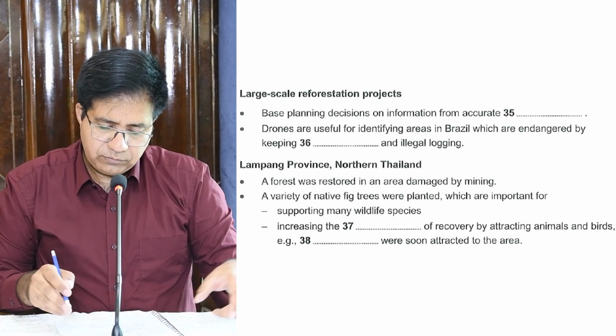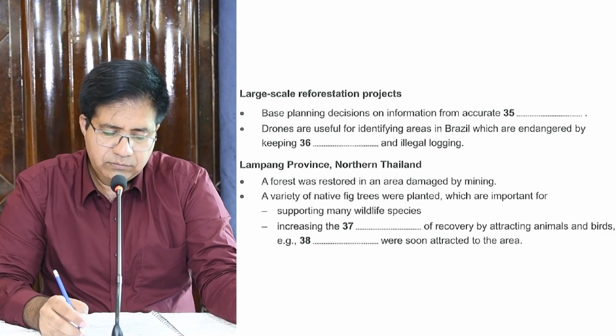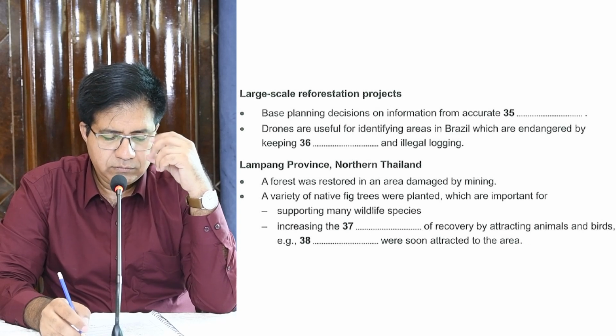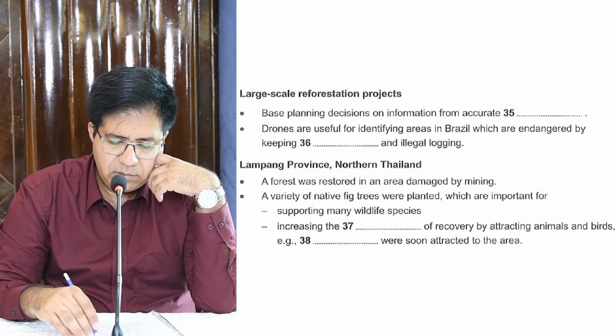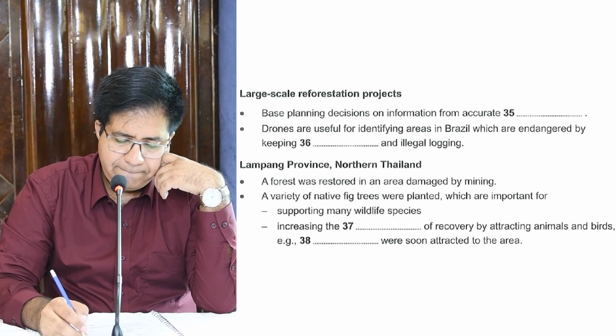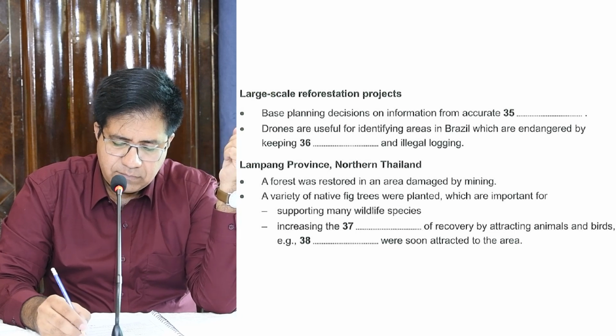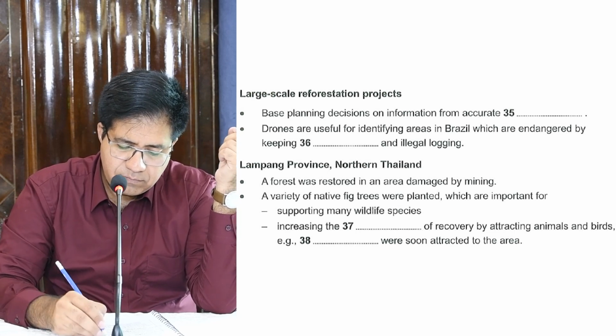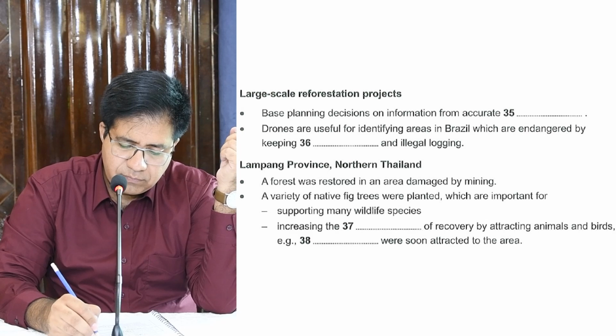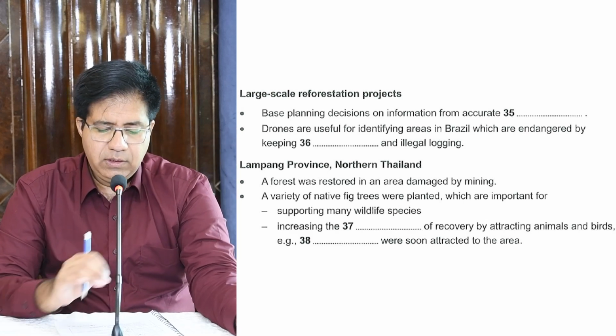Large-scale reforestation projects require careful planning. Making the right decisions about where to plant trees depends on having the right information. Having detailed and up-to-date maps identifying high-priority areas for intervention is essential.